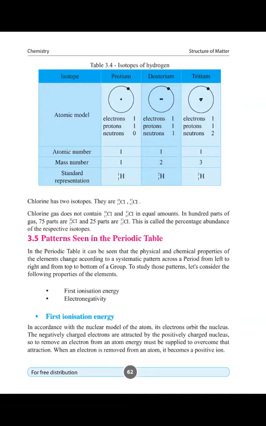So there can be questions to calculate mass numbers if you know the number of protons and number of neutrons. Even if you don't know the number of protons, if you are given the atomic number, that is equal to number of protons and number of electrons.